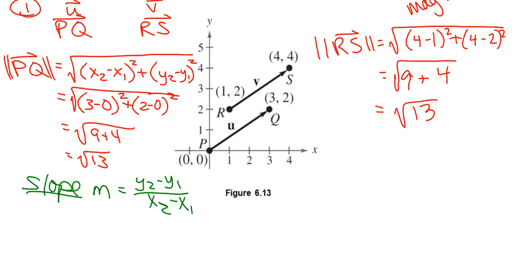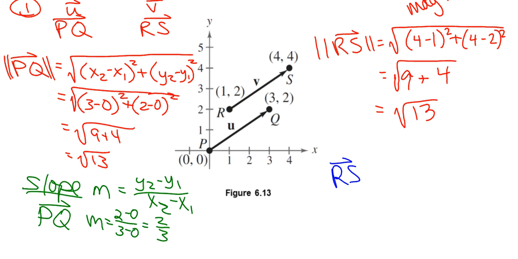Yeah, we don't use a lot of these things very often. Then vector PQ, we're going to find that slope first. Isaac, go ahead and put those numbers in. 2 minus 0 over 3 minus 0, which is 2/3. And then Danae, help me with the slope of vector RS.